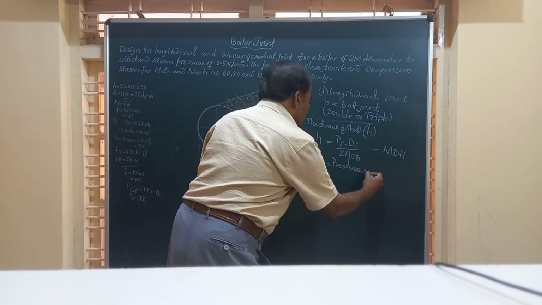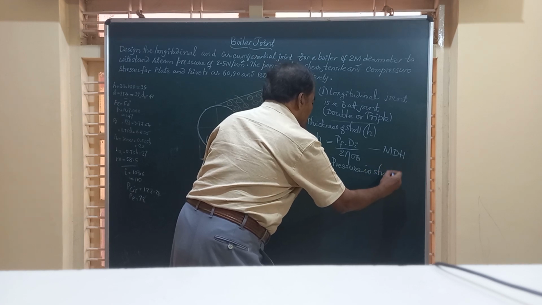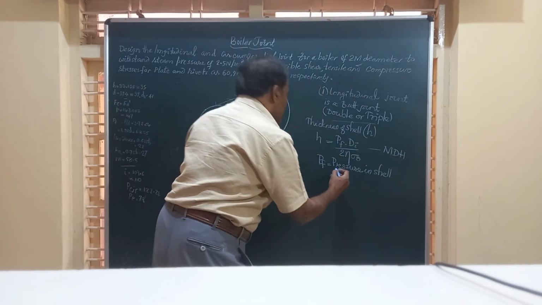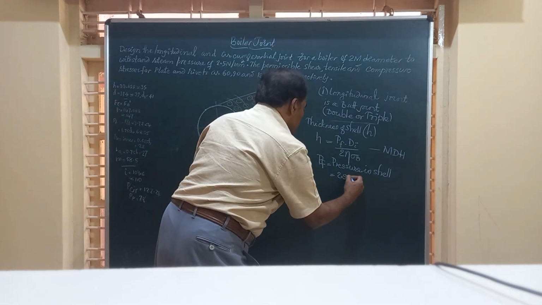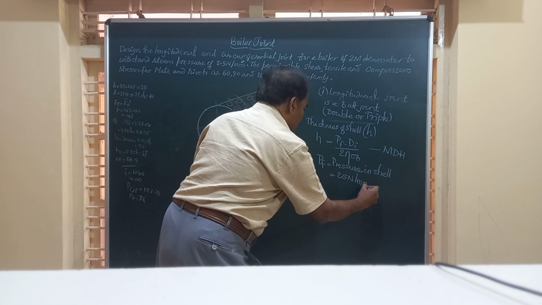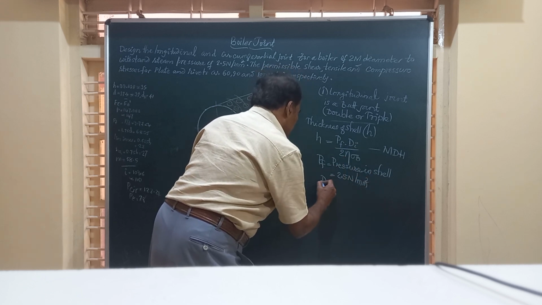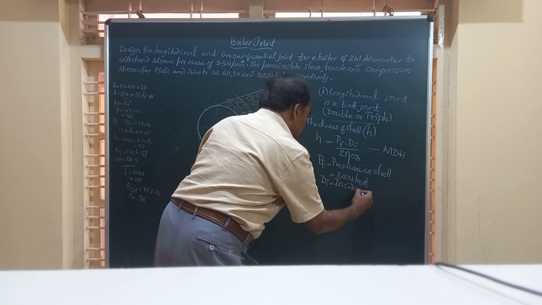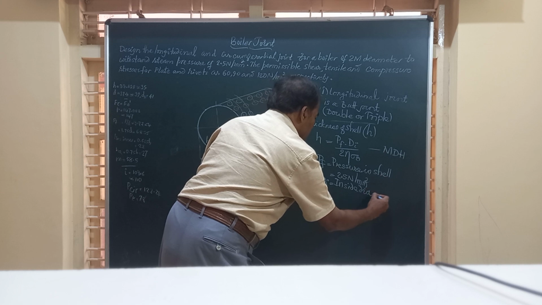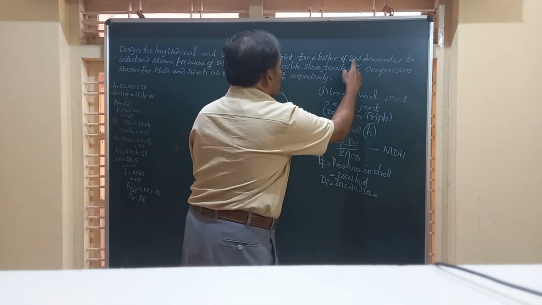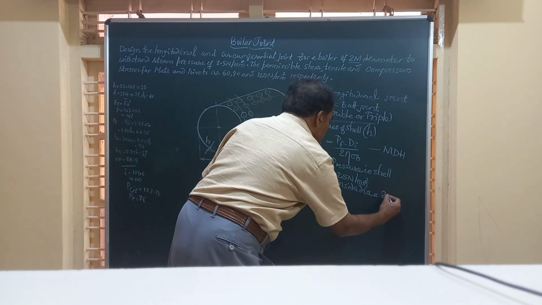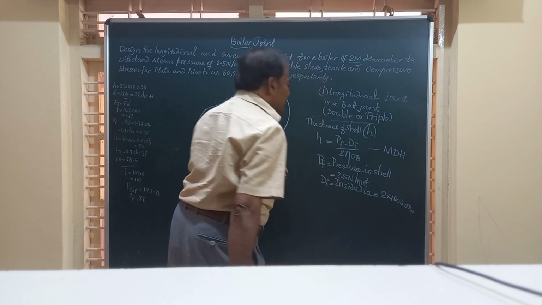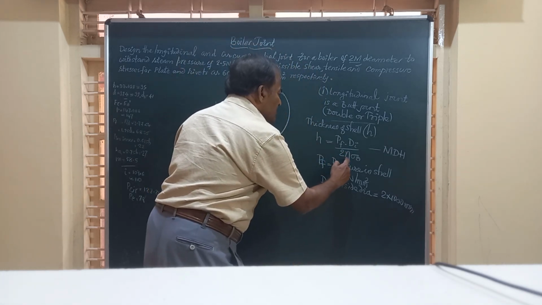The pressure in the shell or inside the boiler is given to be 2.5 Newton per mm square. di is the inside diameter of the shell, given to be 2 meter, so 2 into 1000 mm, that is 2000 millimeter, divided by 2 eta sigma theta.